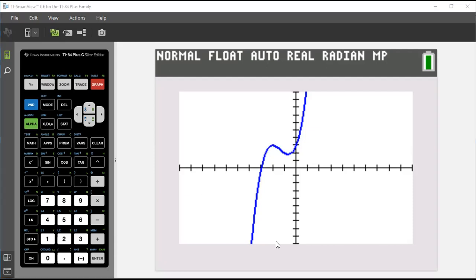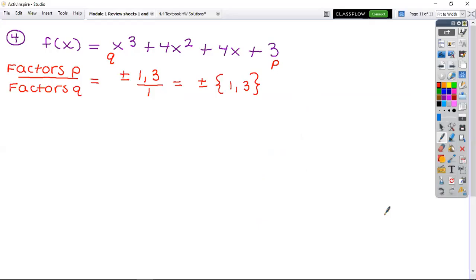All right, so we're going to divide out -3 now because we just showed that that works. So on the calculator, -3 was a 0. So I do -3 divides. This is not when you flip the sign. You only flip the sign when you have the factor. So I'm going to go 1, 4, 4, 3.